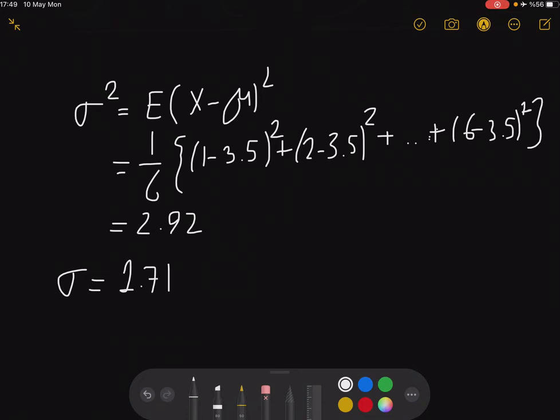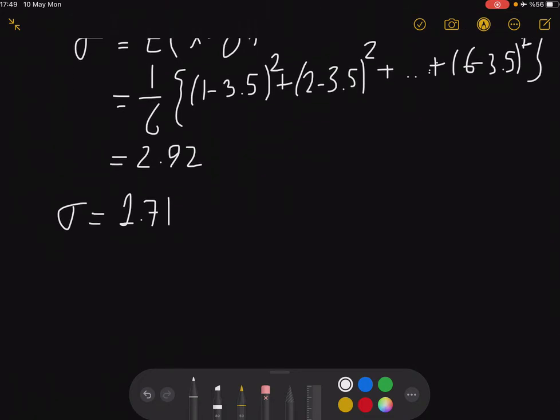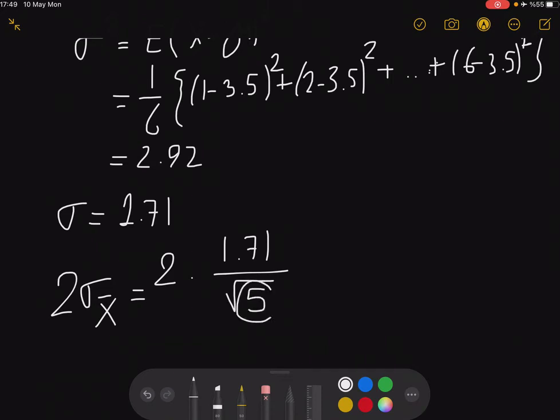It will be 1.71, and 2 sigma will be 2 times 1.71 over the square root of, here you have how many samples? 5 samples, right? And with your 5 samples, this will be 1.53.